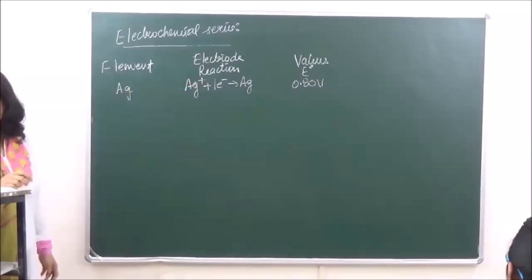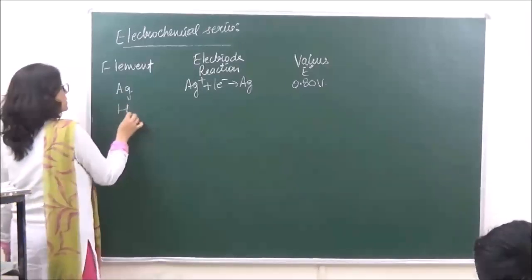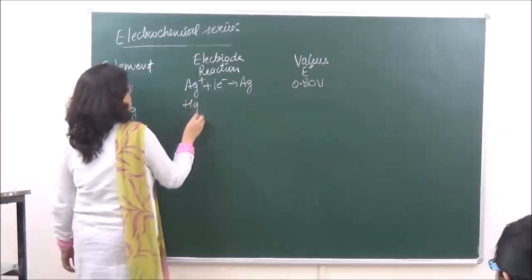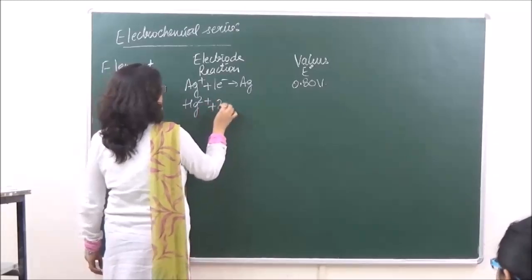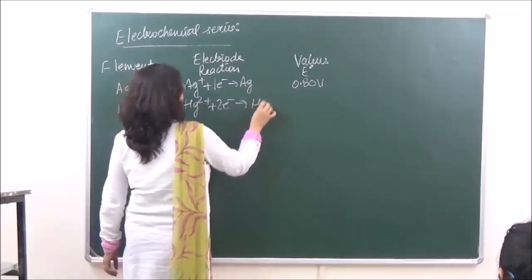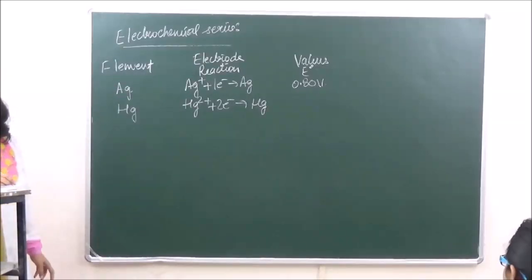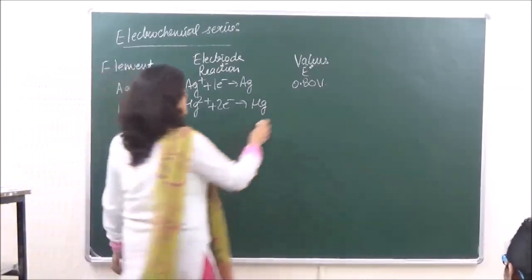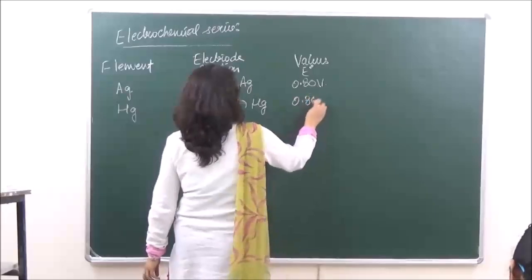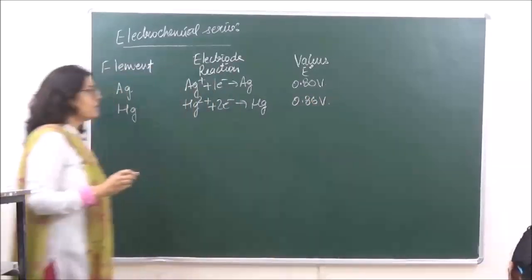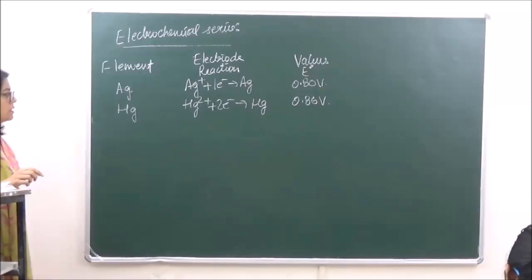After Ag is Hg, to give us Hg, and the value is going to be equal to 0.86. So you can see that the values of the reduction potentials have now started increasing.